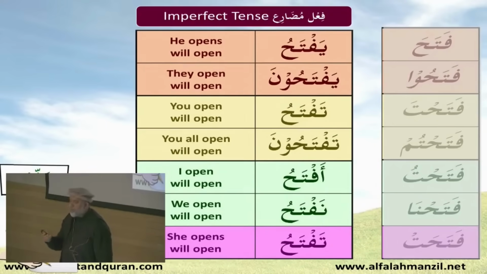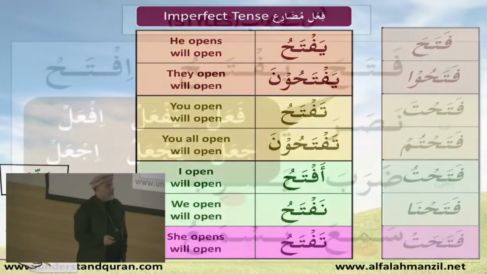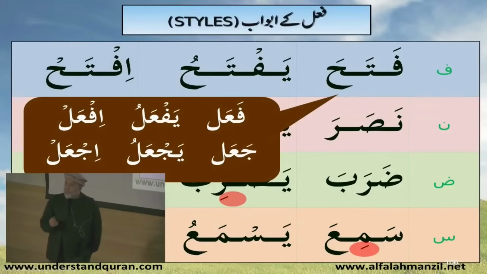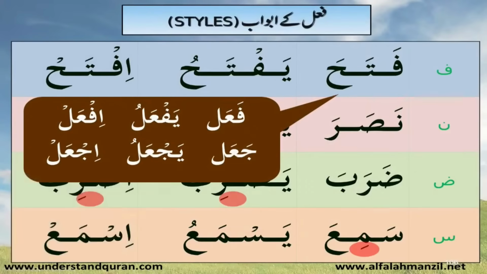So fataha means he opened, and fathun means opening, to open. Fataha, he opened. I want to say he opens, so it will be yaftahu. Yaftahu also means he will open, depending on whether I am using the present tense or the future tense. So yaftahu, yaftahuna, taftahu, taftahuna, aftahu, naftahu, hiya taftahu, taftahu. Okay?